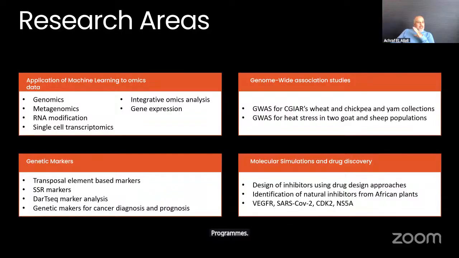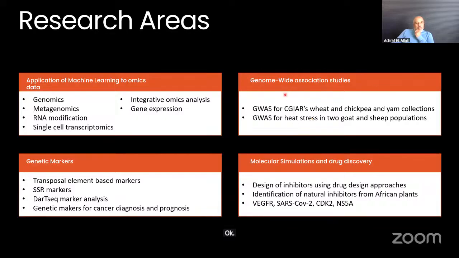We have four areas of research. We do applied machine learning on different omics, whether genomics, metagenomics, or other kinds of omics, and the integration of these approaches. We look at genetic markers in plants, which is where we will be focusing today. I don't know if you see a pointer. Okay, the pointer works.